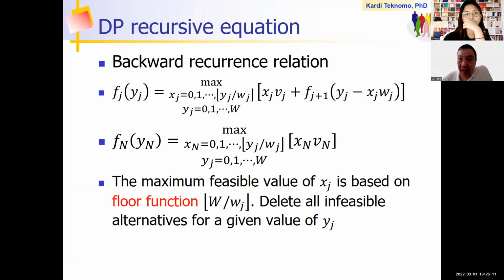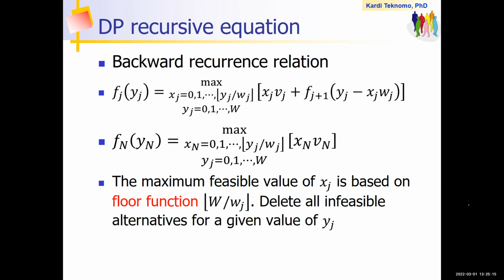Can you see it here? The recursive formula is that value itself, and then the value in front. So look at the Fj. It depends on the value. The one that I encircle is the weight, right?